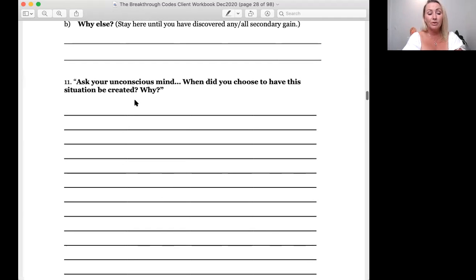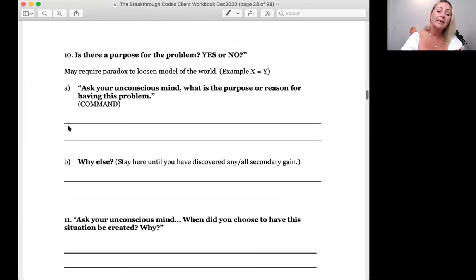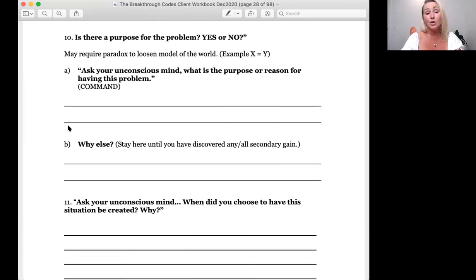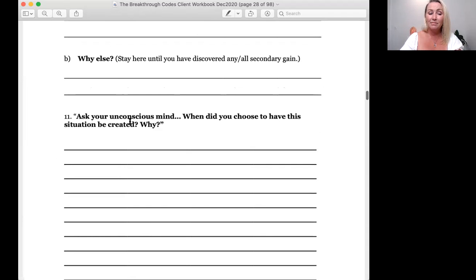Then we go to number 11, and what I want to say here, all of this from 10 is about getting them to cause. It's getting them to take ownership. That actually, yep, there's a purpose for this problem and I created it, which is 11, even more so. This is massive ownership here. Yeah?